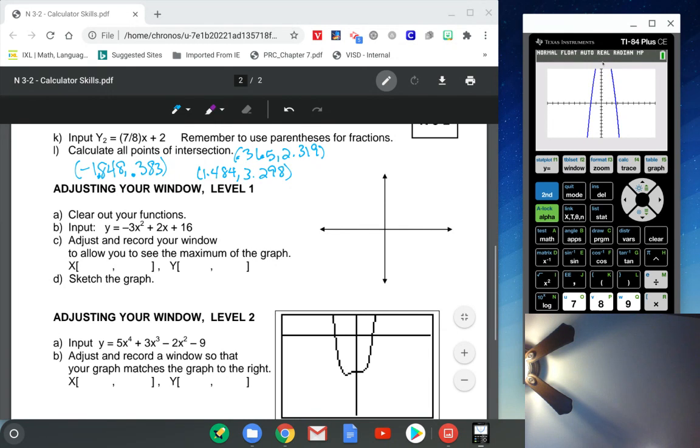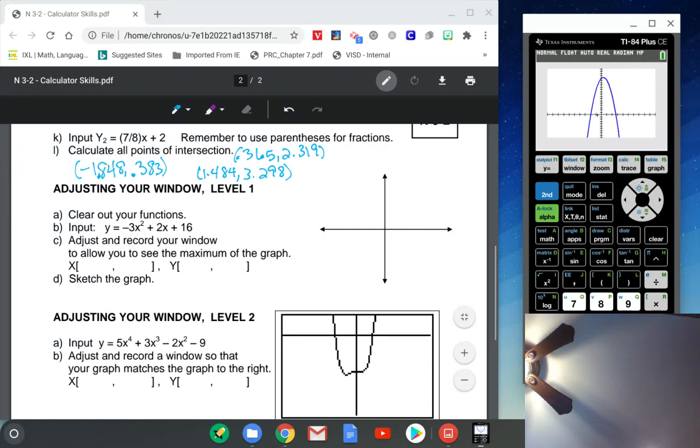Higher would be a better y value, a larger y value. So we're going to go to our window, and you'll notice all of these different things that we can change. We want to change the maximum y value. So I'm going to move down there to the maximum y value. Right now it's at 10. I'm going to try 20. We don't know exactly what to try, but I know it needs to be higher. Let's go back to our graph and look and see what we get.